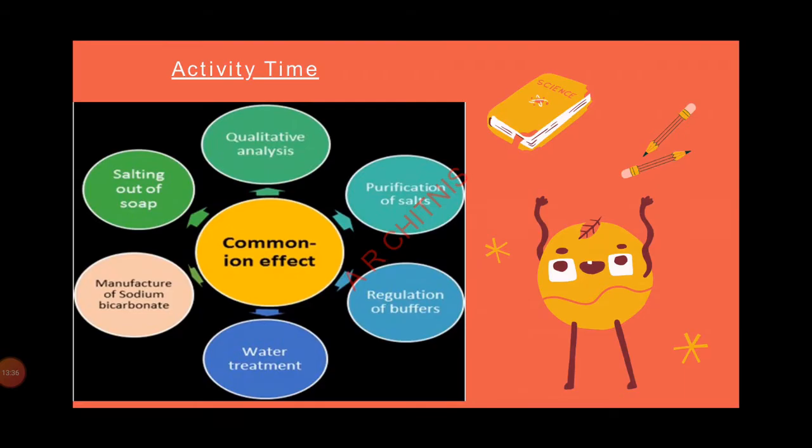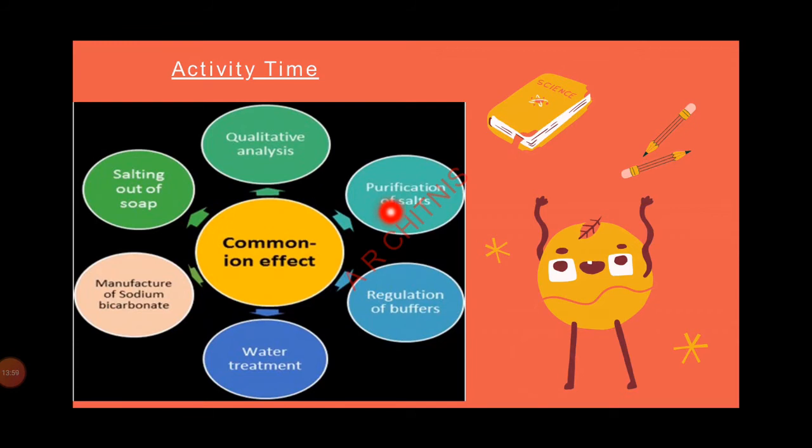So let us see the further applications. These are the other applications of common ion effect. As I said, it is used in qualitative analysis, that is the group separation of the radicals. Then purification of the salt. What is purification of the salt?